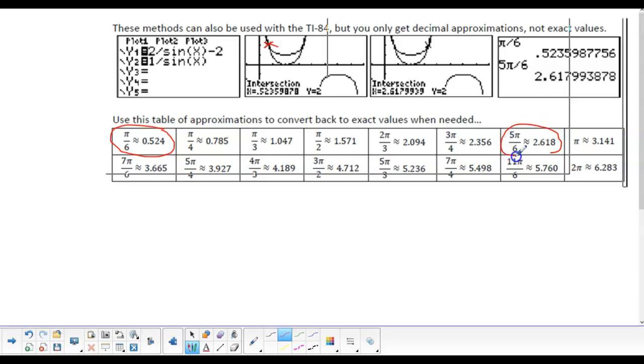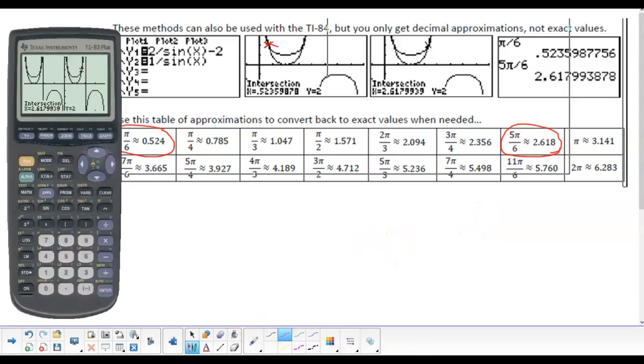That's the one. So that will be the exact value of my second solution. And these angles that you see in this table that you're using to convert to exact values from your decimal approximations in the graphing calculator, those are just the special angles from the unit circle, right, from 0 to 2 pi, which is the interval that we're looking for answers within.